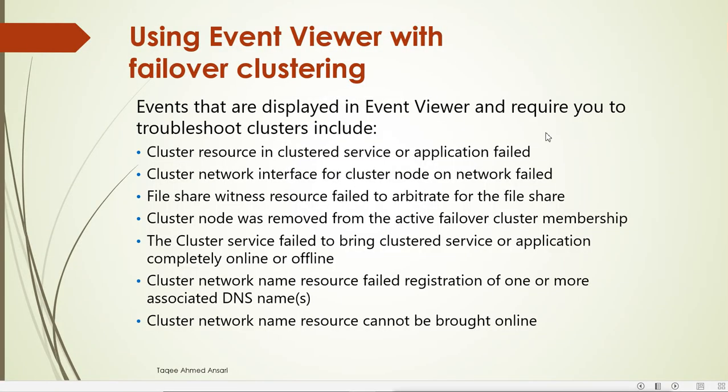Using the Event Viewer with failover cluster, the events displayed in Event Viewer that you need to troubleshoot the cluster include: cluster resources in a clustered service or application failed, cluster network interface for a cluster node on the network failed, file share witness resource failed to arbitrate for the file share, a cluster node was removed from the active failover cluster membership, the cluster service failed to bring a clustered service or application completely online or offline, cluster network name resource failed registration of one or more associated DNS names, and cluster network name resource cannot be brought online.